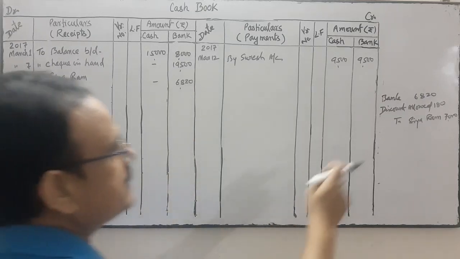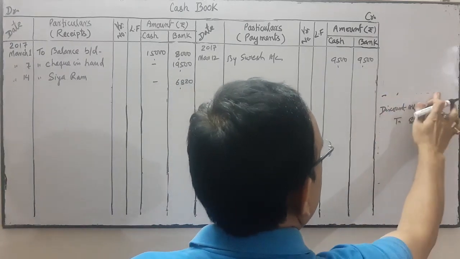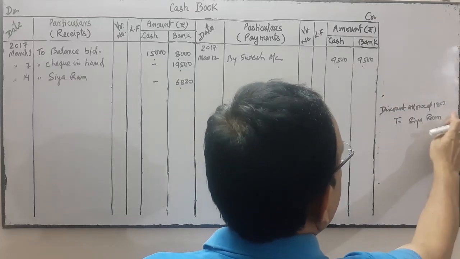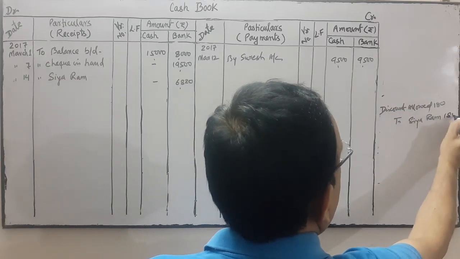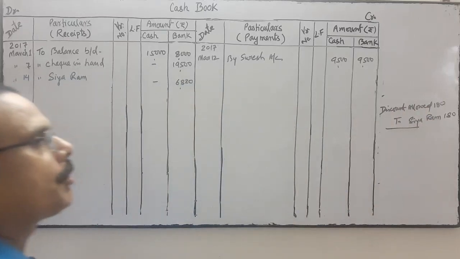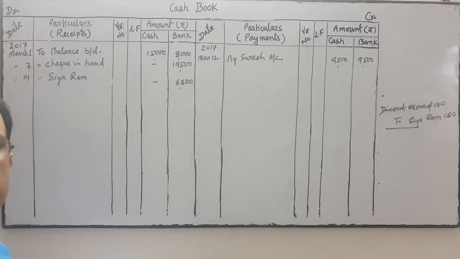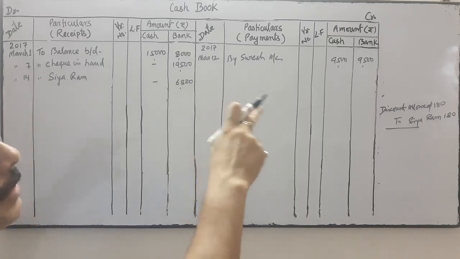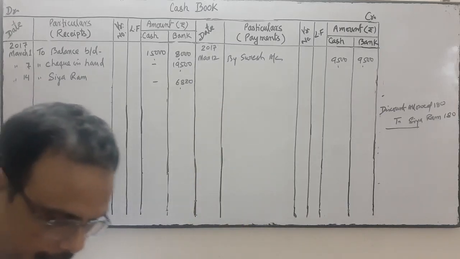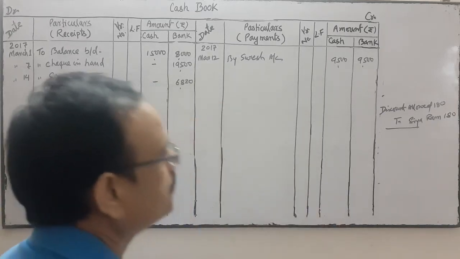And this discount allowed to Siaram, 180, will be recorded by us in the journal proper. Okay, 6,820 will be recorded by us in the cash book and discount allowed to Siaram will be recorded by us in the journal proper.